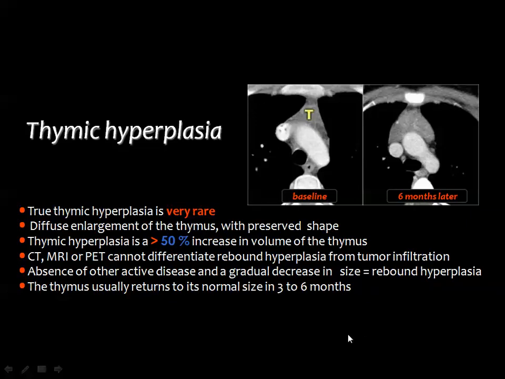As you know, the thymus on PET scan shows normal increased uptake between the age of 3 and 13 years of age.